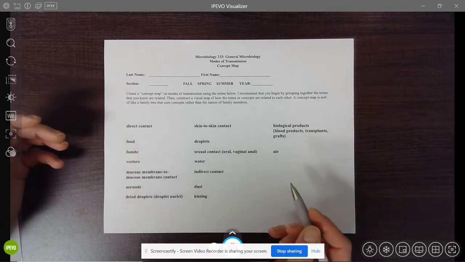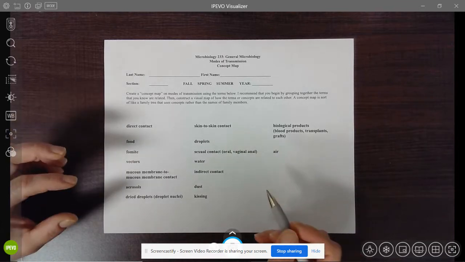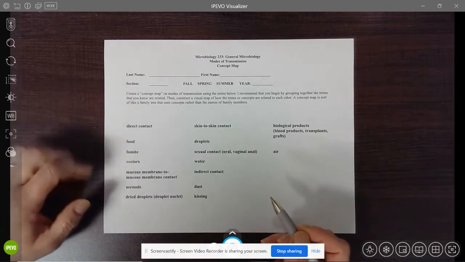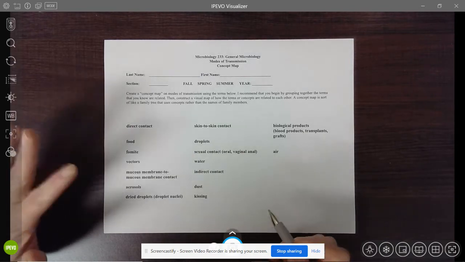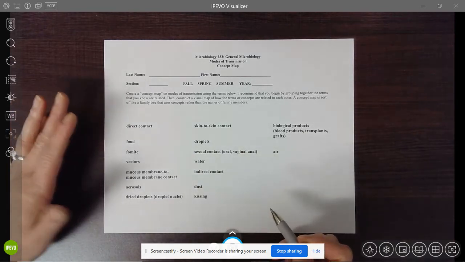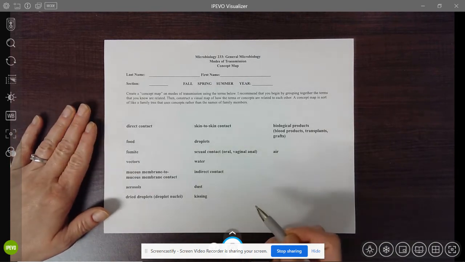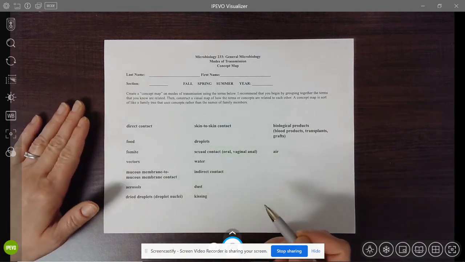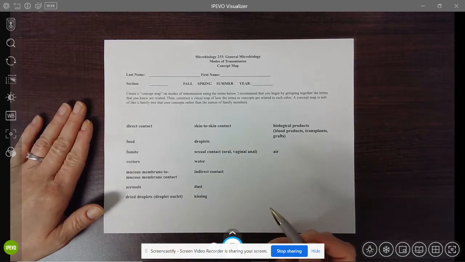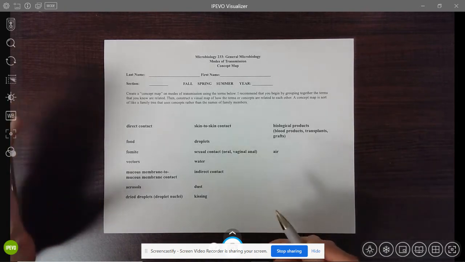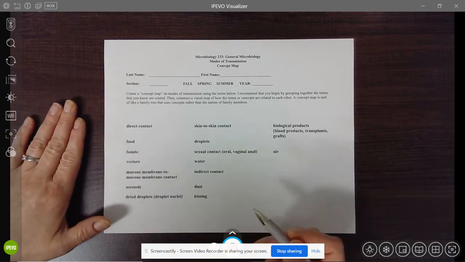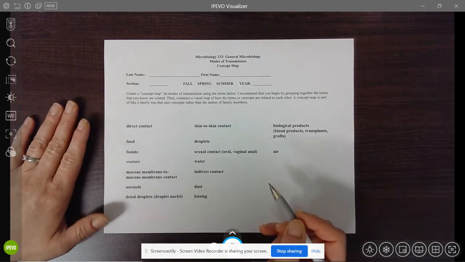So the more general, the more likely you can connect other concepts to those general terms. So regardless of the way that you go, doesn't really matter. You're just trying to group similar concepts together and make sure that you can visually represent those connections in an accurate way.